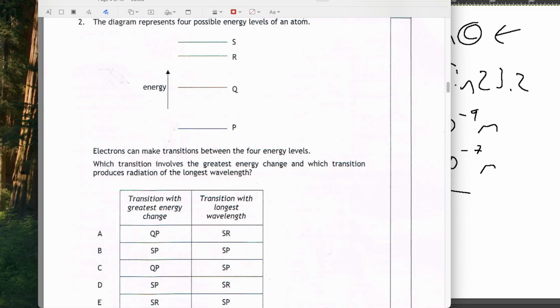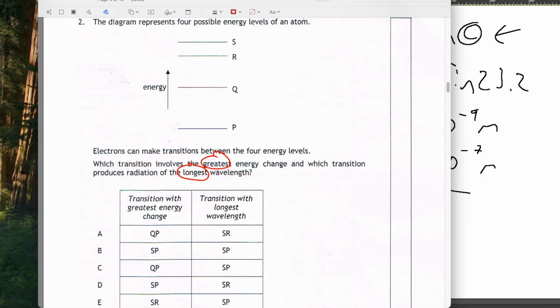Which transition involves the greatest energy change, and which transition produces radiation of the longest wavelength? Greatest energy change, that's easy. The biggest drop is going to be the greatest energy change, okay? So that's SP. S to P is going to be your greatest energy change.